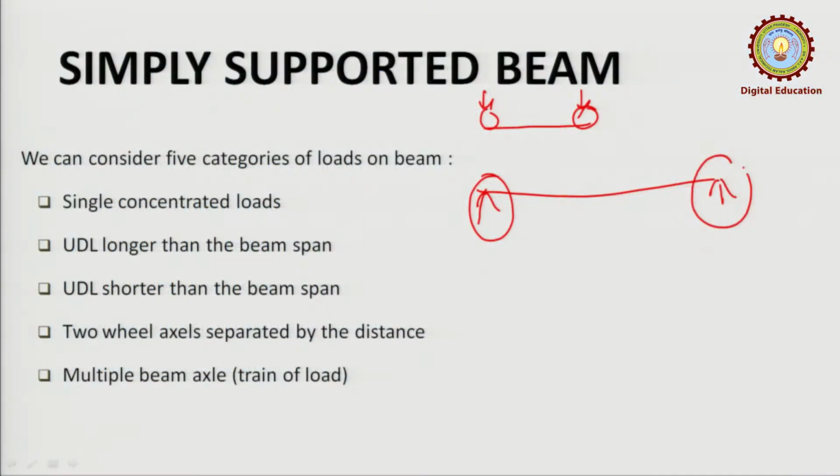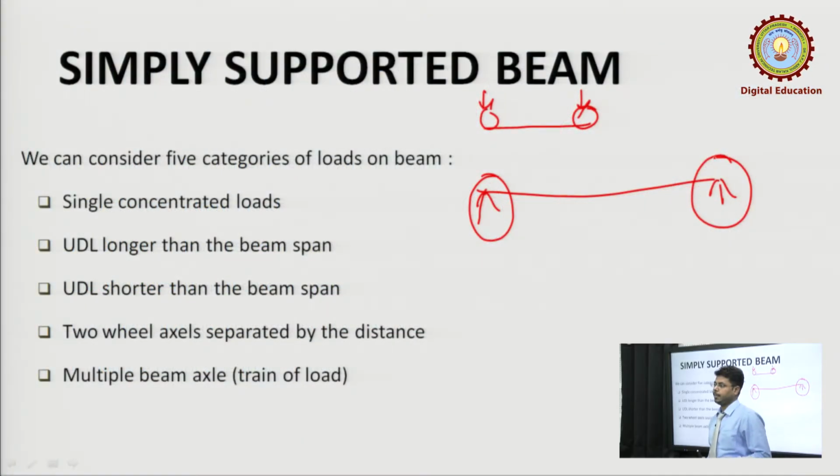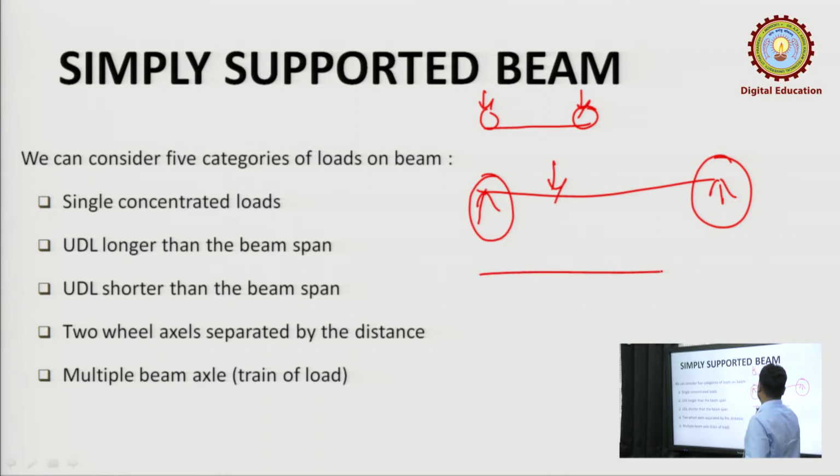Here we will deal with that kind of problem, and we are going to draw the bending moment and shear force diagrams also. We can consider categories of loads on a beam, like the concentrated load, and the second one is the UDL, that is the uniformly distributed load.